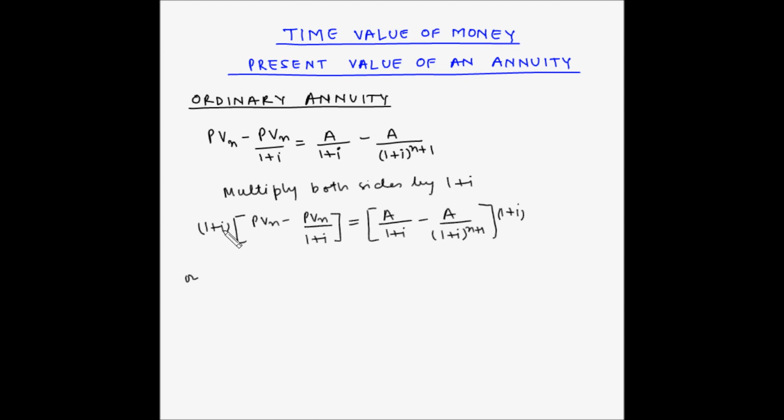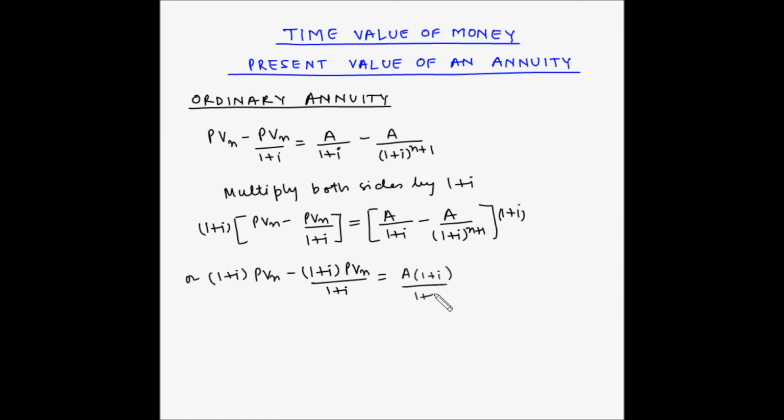So (1 plus I) into PVN minus (1 plus I) into PVN divided by (1 plus I) is equal to A into (1 plus I) divided by (1 plus I) minus A into (1 plus I) divided by (1 plus I) to the power n plus 1.